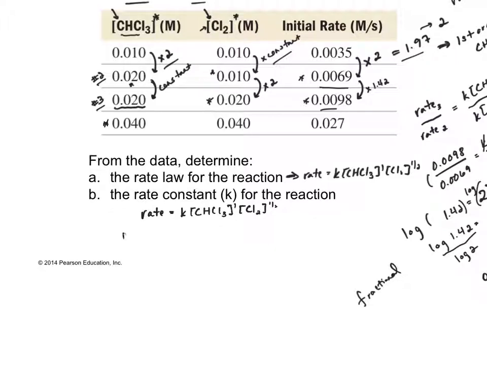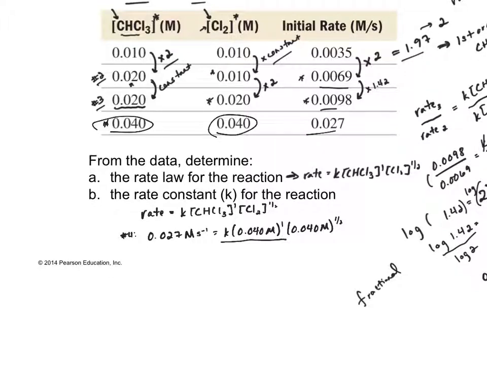So then experiment number 4, the rate here is 0.027. The units are molar inverse seconds, right? 1 over M times s. This is going to be equal to k times concentration of CHCl3 in experiment 4, which is 0.040 molar raised to the 1 power, and then the concentration for Cl2, 0.040 molar raised to the 1/2 power.